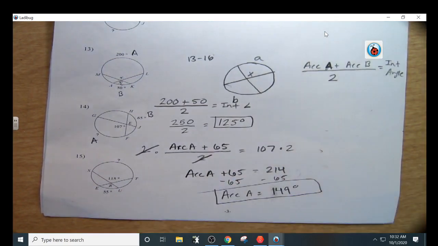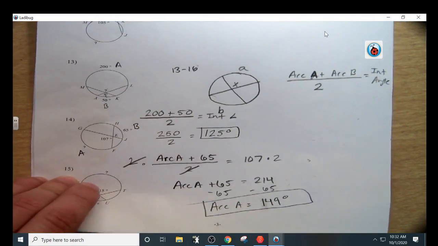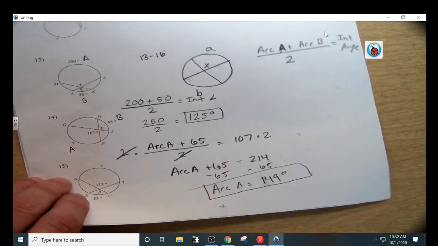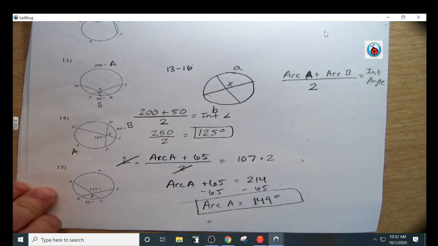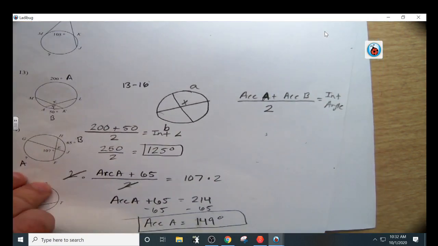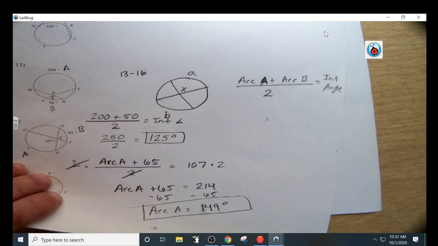Guys, that's really the only thing they can throw at you because number 15 is the same as 14. They're nothing but formulas. That's all these are, just formulas. The math is not too bad.